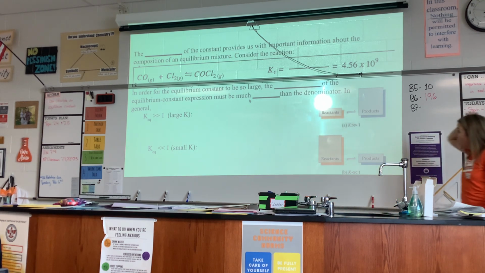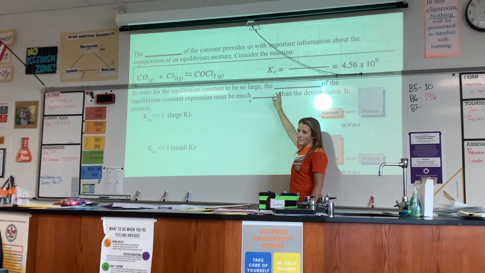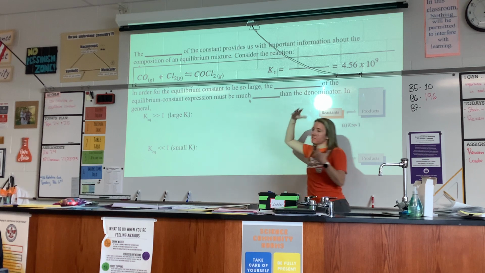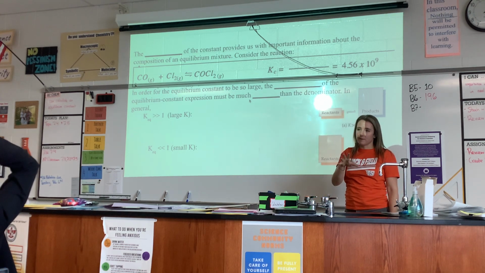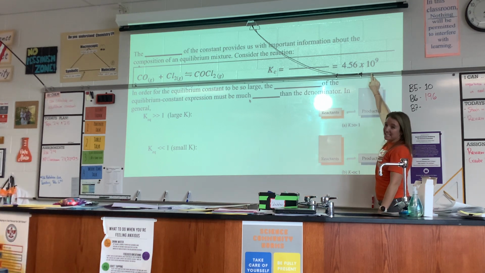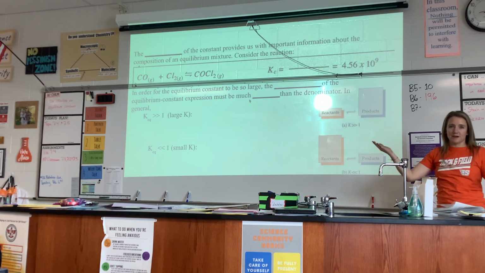The top of the fraction of the equilibrium constant must be much larger than the denominator or the bottom, right? In order for it to be really big, the top number must be a lot bigger than the bottom number. What this is telling me is there are that many products for how many reactants? 1. You have this many products for every 1 reactant in your ratio.